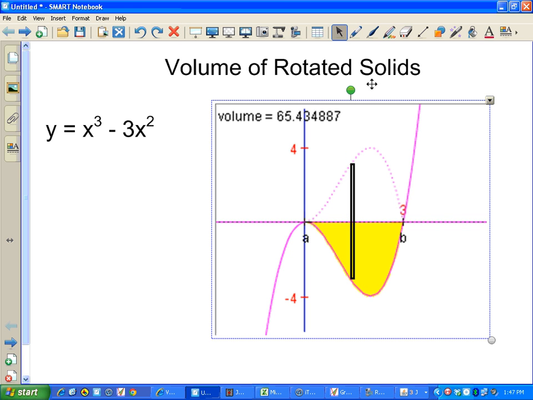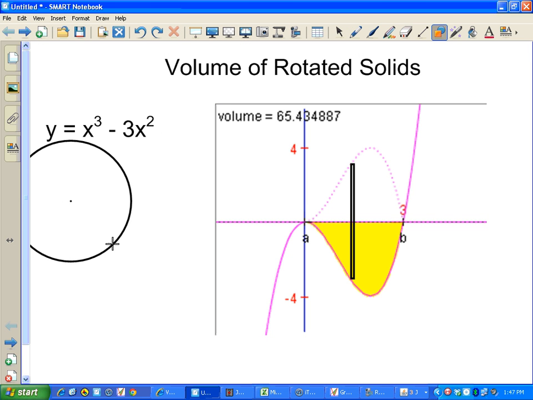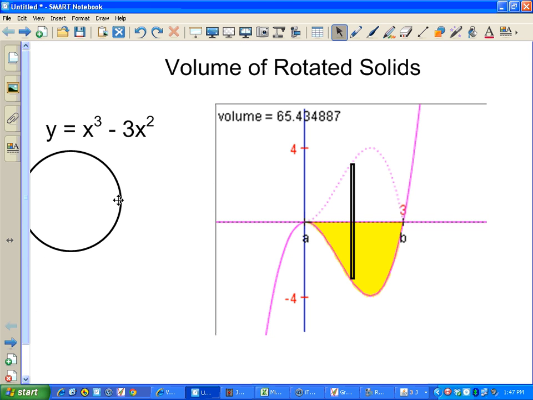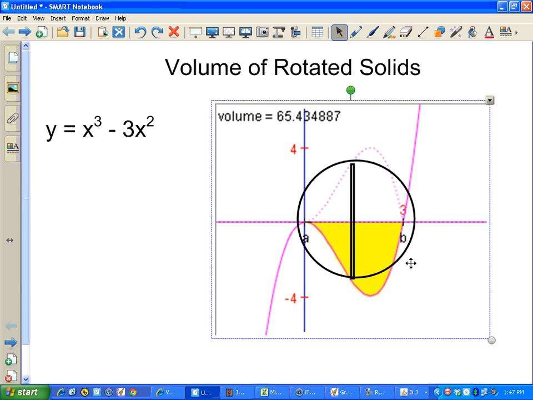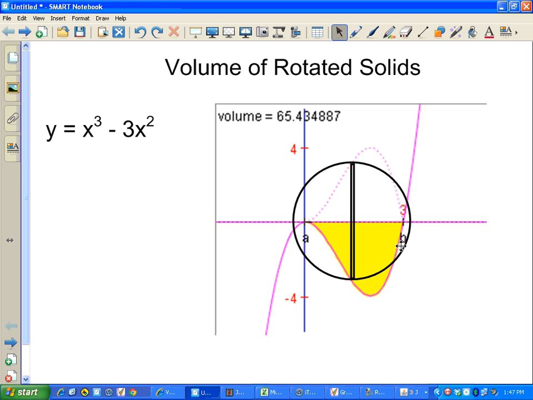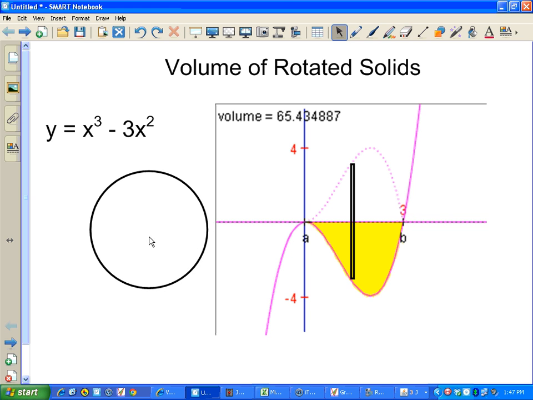From the side view, it would just look like a circle from the front. So this is from the side, but if I look head on, this is the disc that makes up this shape here.